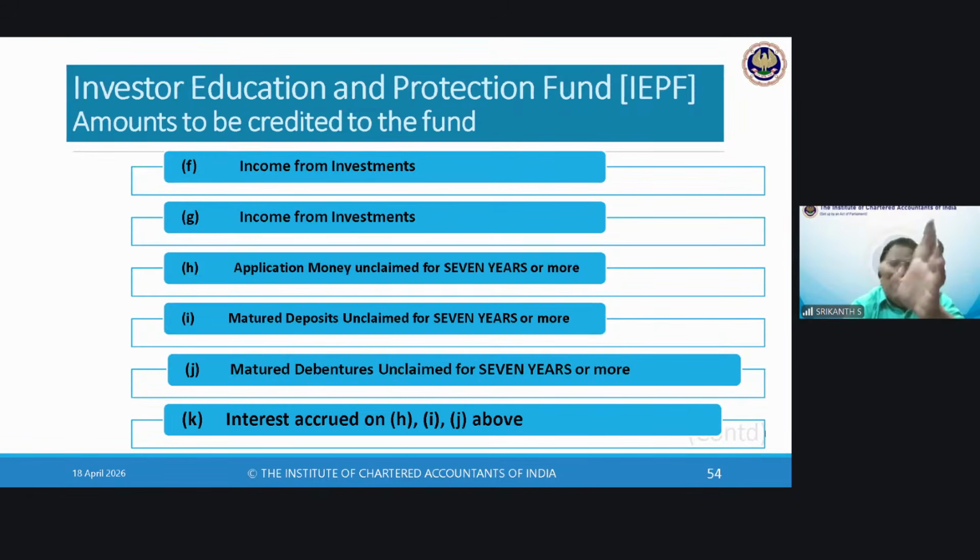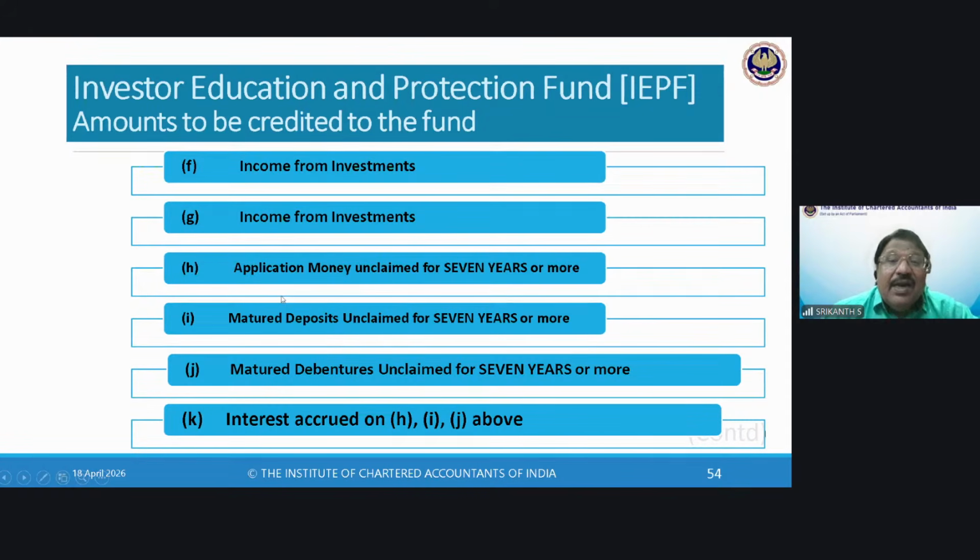You would have designated a bank account there. That bank account, so the bank, this money would have come in and KYC compliant. No, for KYC non-compliance like that, you have to beg him and prove that you are you, and then freeze the account, defreeze it, and do all that. Okay. Application money unclaimed.